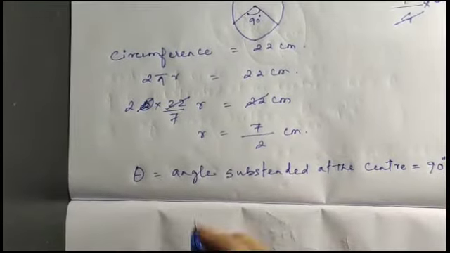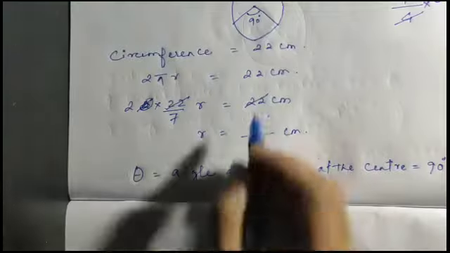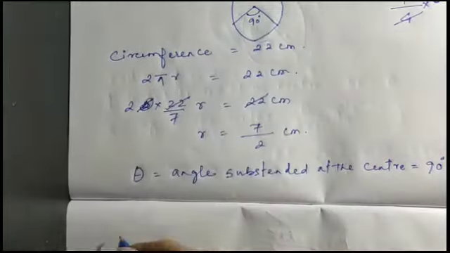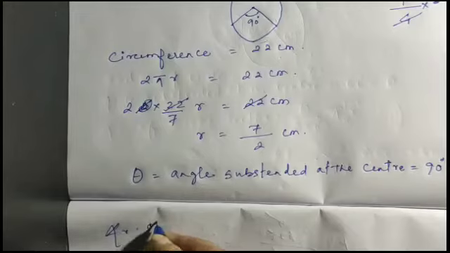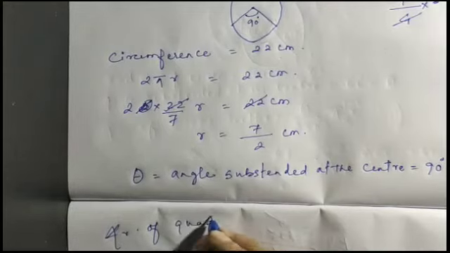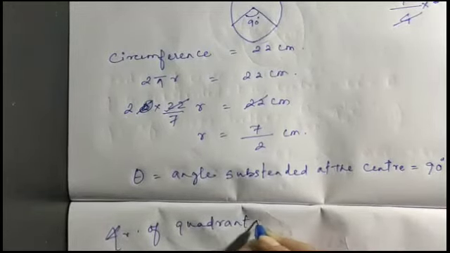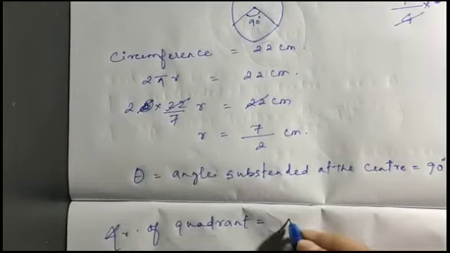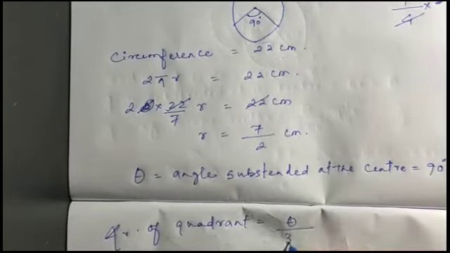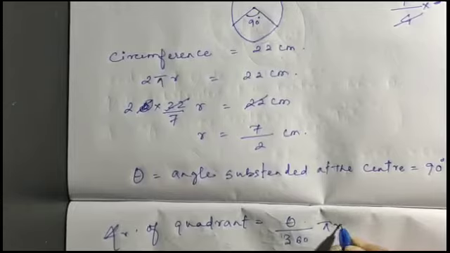So we are asked to find the area of the quadrant, that means the area of the sector. Okay, area of quadrant is equal to the area of the minor sector. The formula we are going to use is theta by 360 pi r square.